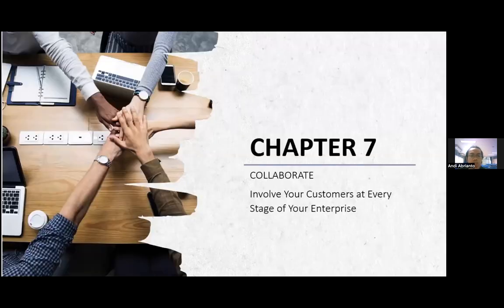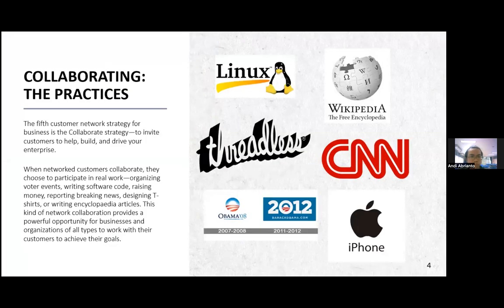Now we are turning to chapter 7, collaborate, involve your customer at every stage of your enterprise. The fifth customer network strategy for business is the collaborate strategy, which means to invite customers to help build and drive our enterprise. In this book, there are many real stories from various businesses and organizations that show the success of the collaborate strategy in the digital era.